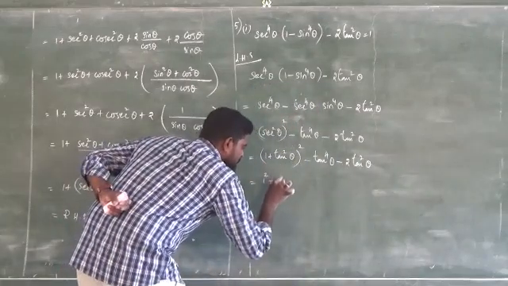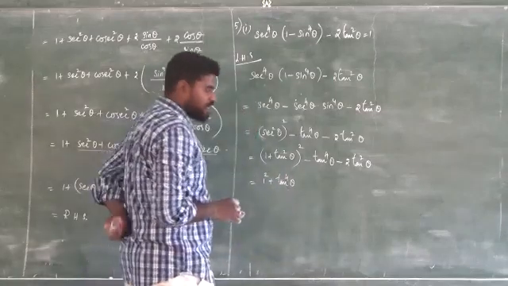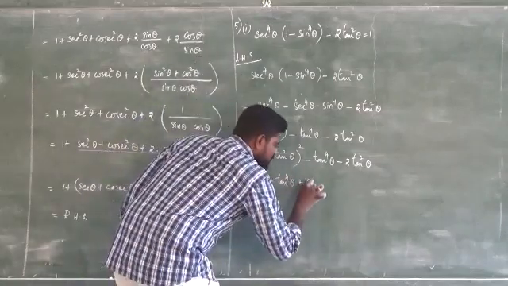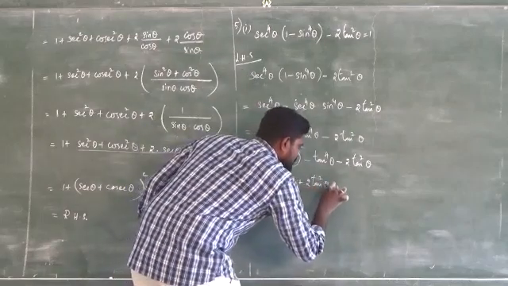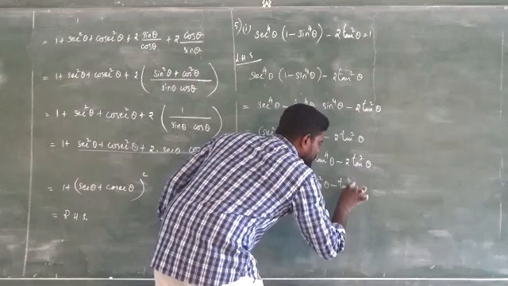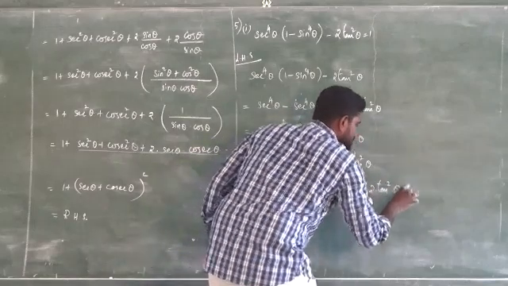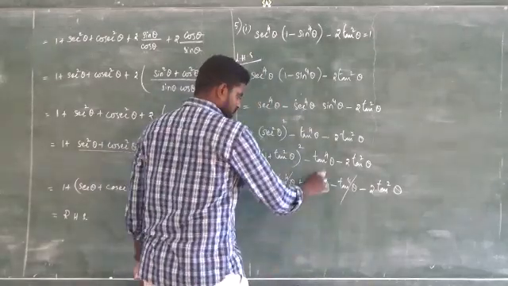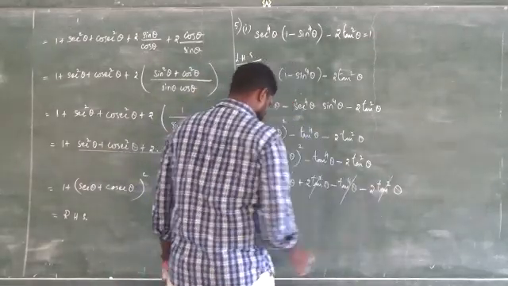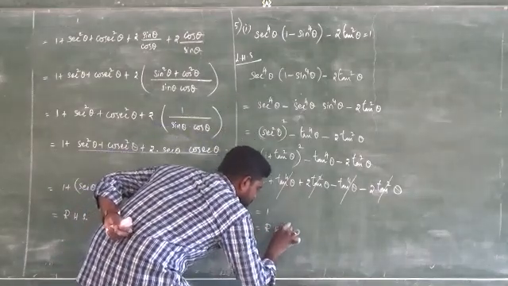So 1 square plus tan square whole square becomes tan power 4 theta, 2ab, so plus 2, 1 into tan square. So 2 tan square theta minus tan power 4 theta minus 2 tan square theta. So here plus tan power 4 minus tan power 4 cancel, plus 2 tan square minus 2 tan square cancel, and the remaining is 1, that is the RHS.